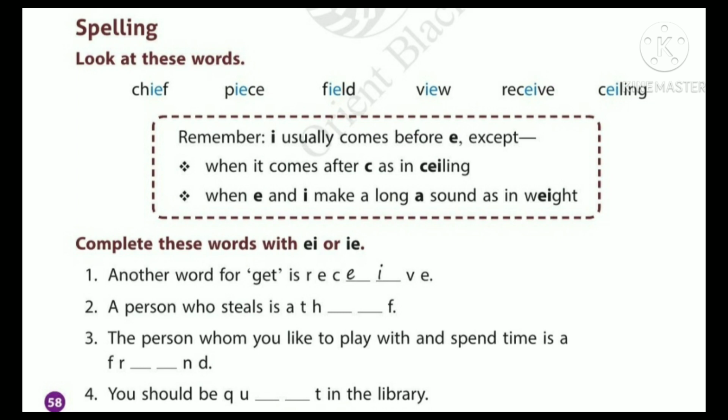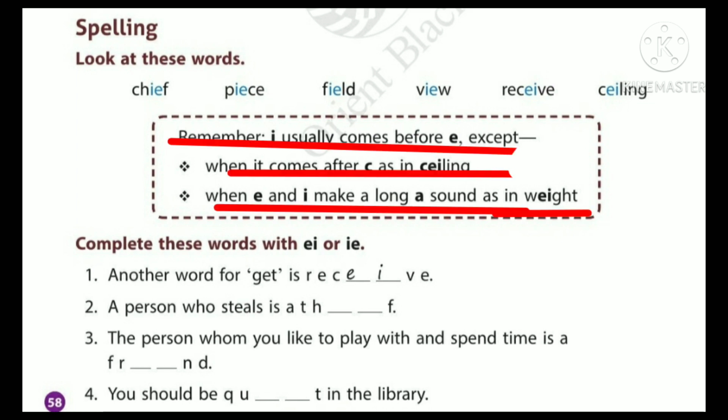So, read the sentence below. Remember, I usually comes before E except some cases. Which are those cases? When it comes after C, as in ceiling. When E and I come after C, how does it come?